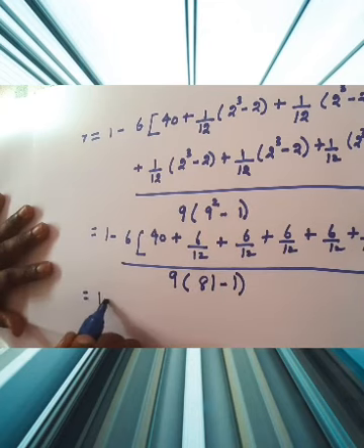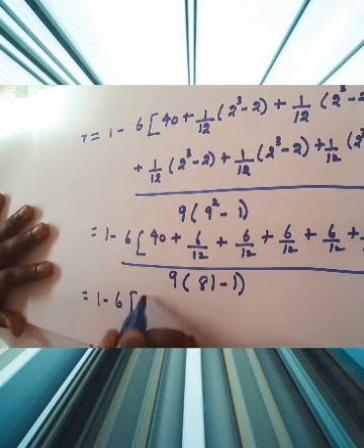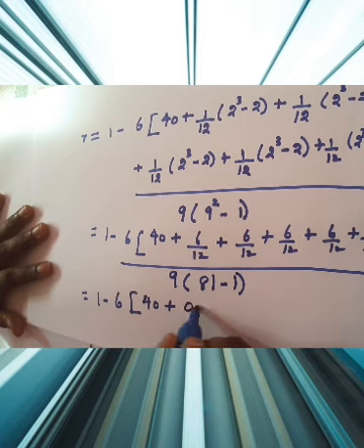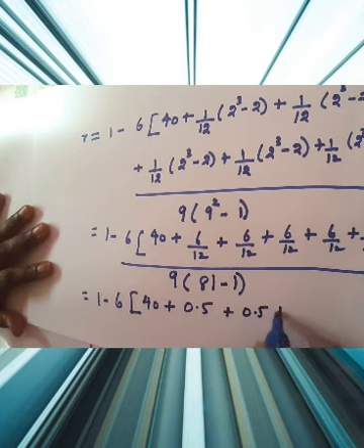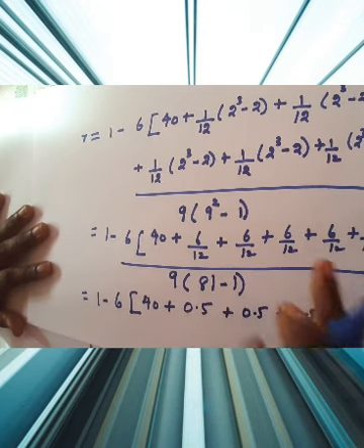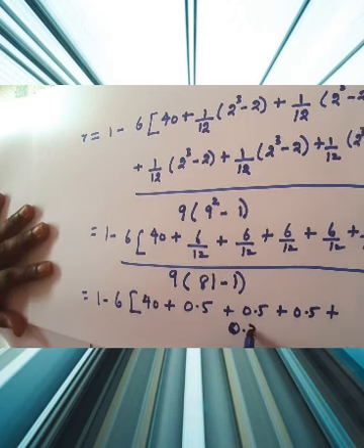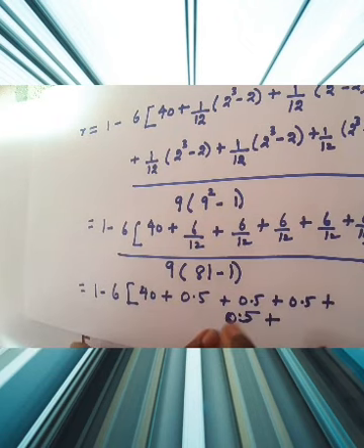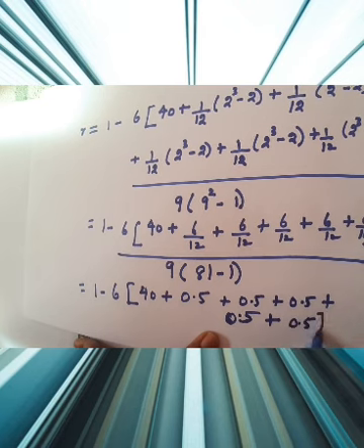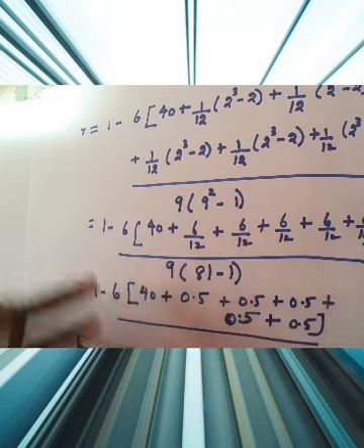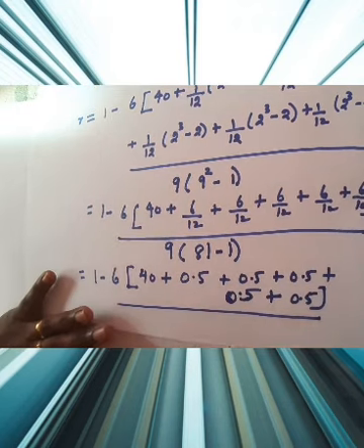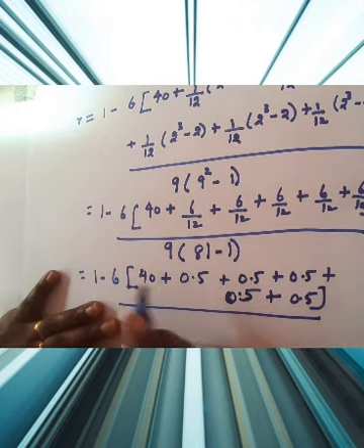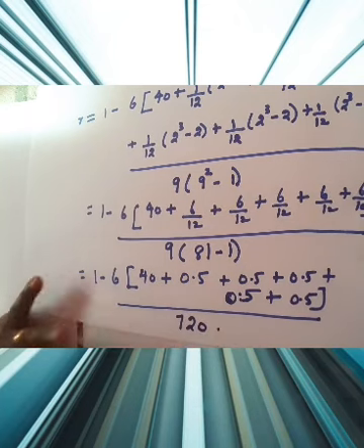So 1 minus 6 times 40 plus 6 by 12, which will give you 0.5 plus 0.5 plus 0.5 plus 0.5 plus 0.5. The full term is divided by 81 minus 1, which will give you 80. 80 into 9 will give you 720.